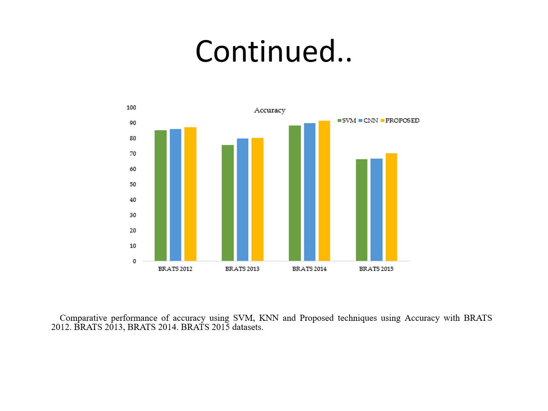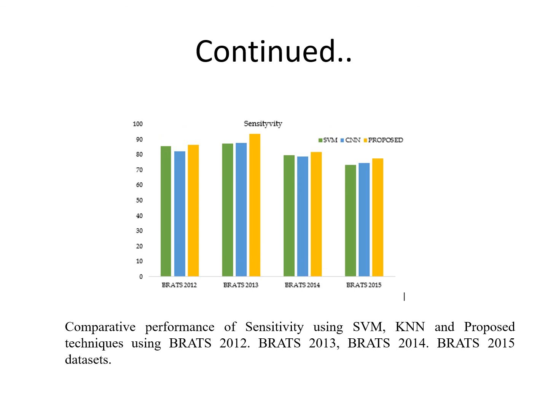So we can easily see that our proposed algorithm is showing better results than SVM and CNN. And comparative performance of sensitivity, SVM, CNN and proposed techniques using BRATS 2012, 13, 14 and 15 dataset. So here are sensitivity results. Our proposed method is showing better result than SVM and CNN.